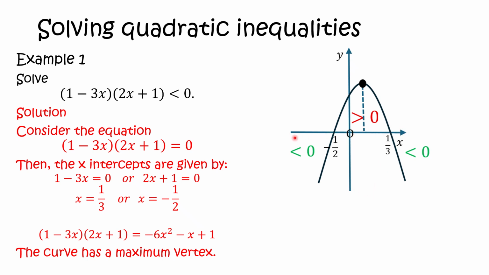And analyzing the graph that we have, from the x-axis going upwards, the values are greater than 0 in terms of y, and for the x-axis and below for the curve, on the green side where we have the less than 0 on the left hand side and the right hand side, these are areas the graph is negative in terms of y.